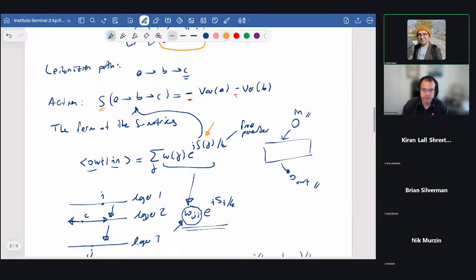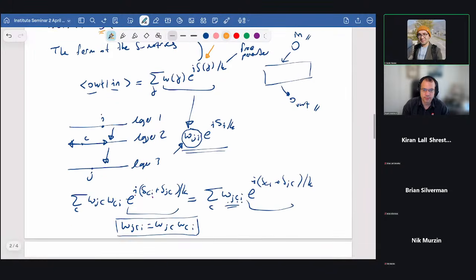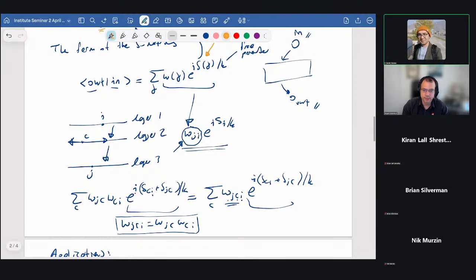Okay, so we define the transition element and we impose that the S matrix that connects the first and the third layers can be decomposed as a multiplication of the S matrices between the first and the second and the second and the third layers. That brings out the condition on the weight functions omega.